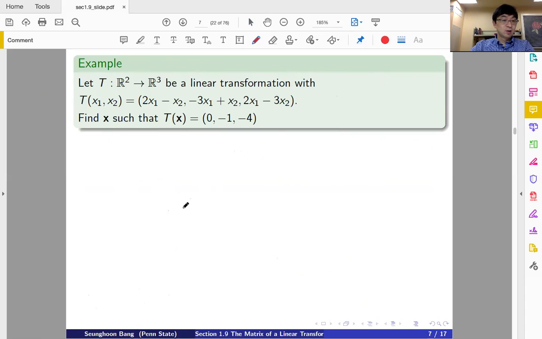The next one: T is a map from R2 to R3, a linear transformation with T(x1, x2) as given. How can we do that? The same way, you can change it.